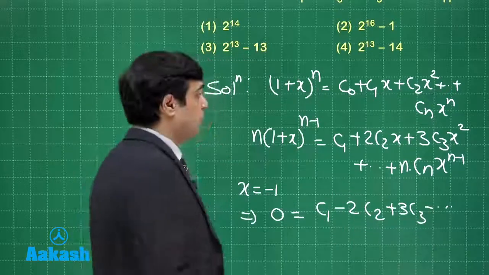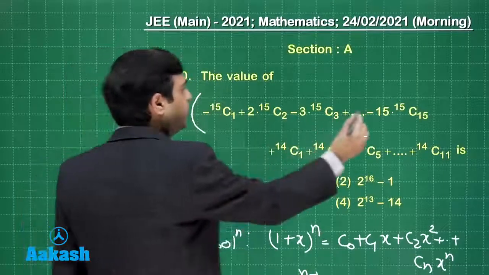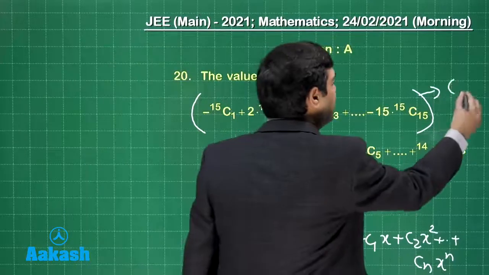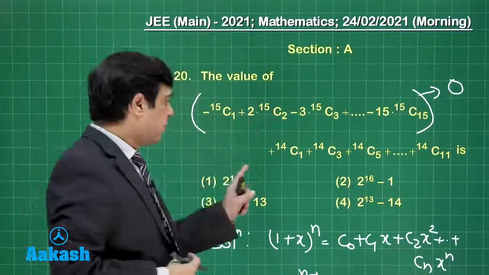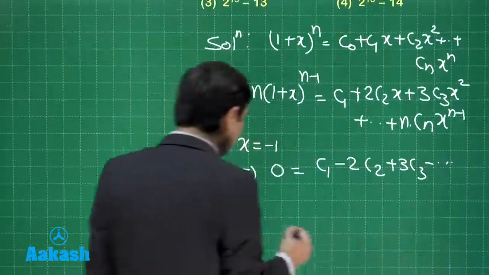Now, when you look at the requirement, this first portion is the same and its value will become simply 0 when you take minus sign common. So this is 0. What we are left with, the remaining term is 14c1 plus 14c3 and so on.